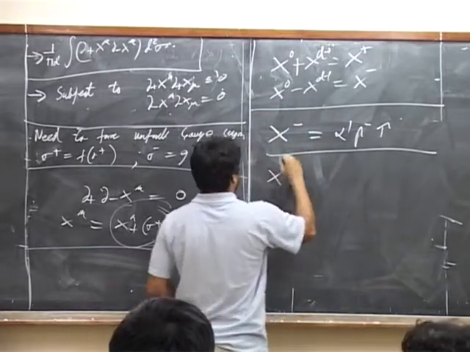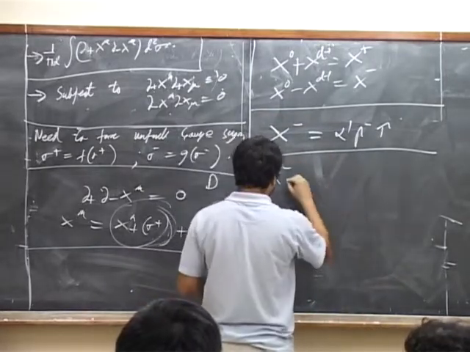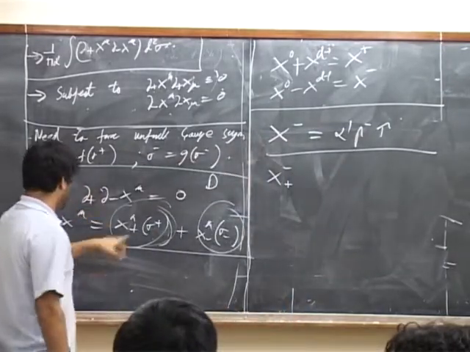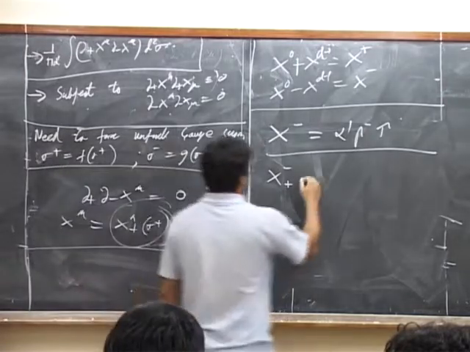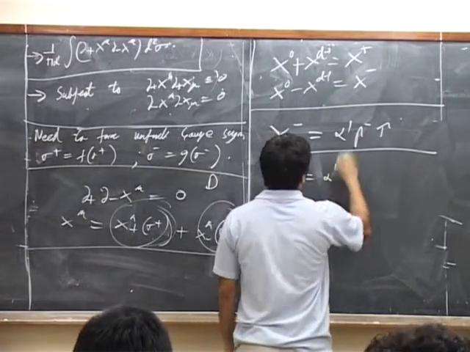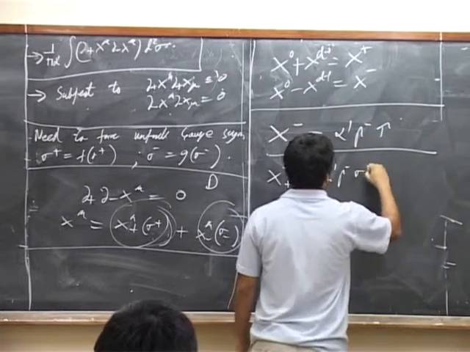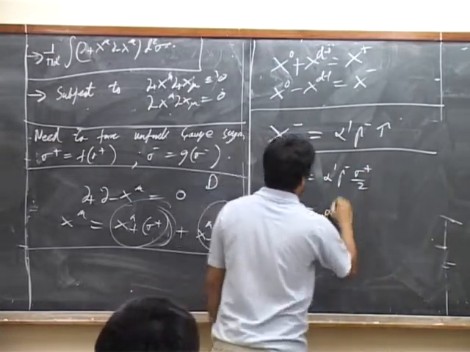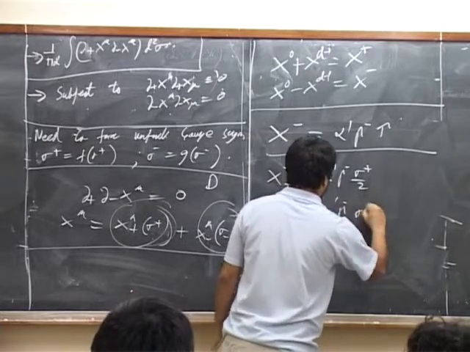But let me write this better as x minus plus the right moving part. X minus plus is equal to alpha prime p minus times sigma plus by 2, and x minus minus is equal to alpha prime p minus times sigma minus by 2.